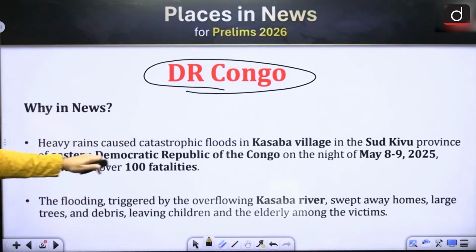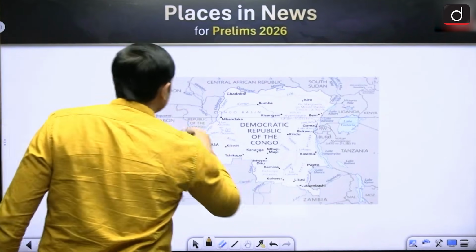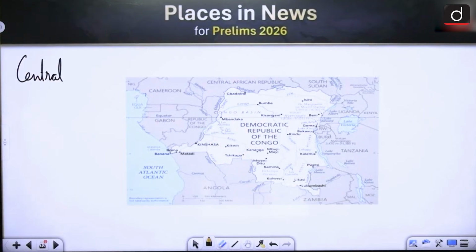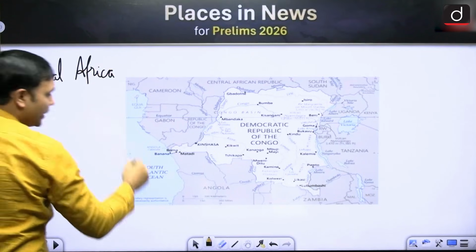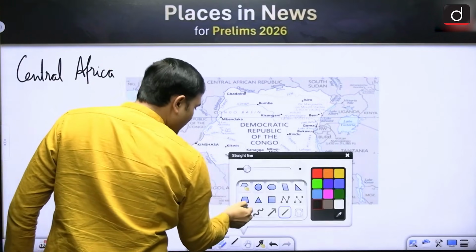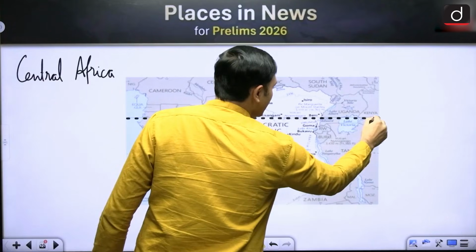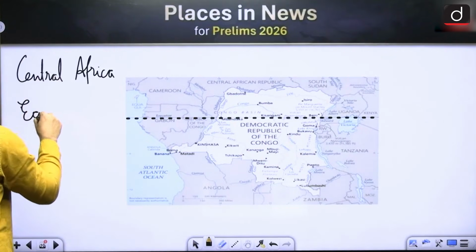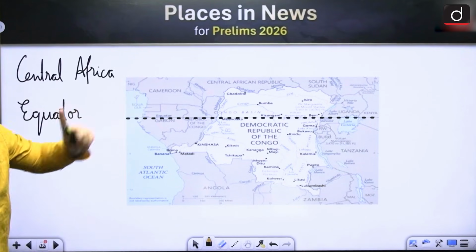The news was related to a very catastrophic flood that has happened, and you will find this in Central Africa, right? Here is the next important aspect that you will have to remember, that the equator is passing through this particular country.